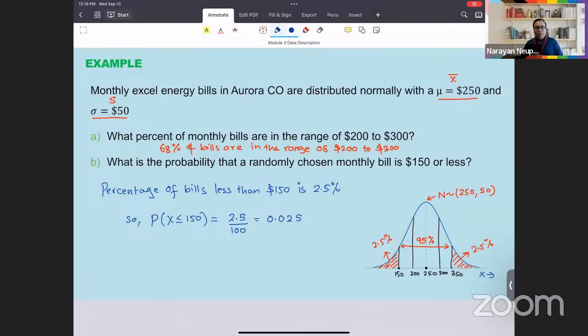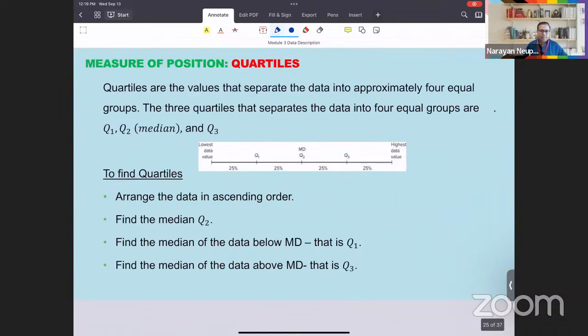Okay, so with this, we are done with the first measure of position, that is the Z-score. We did the Z-score and we looked at two applications, right? We looked at Chebyshev's theorem and the empirical rule. Now we are going to move on to the second measure of position, and that is called quartiles.